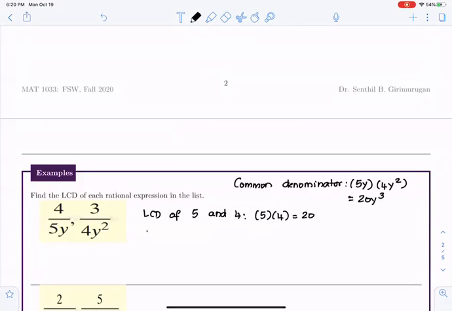Then we go to look for the common denominator of y and y squared. So y is simply y times 1, and y squared is y times y.